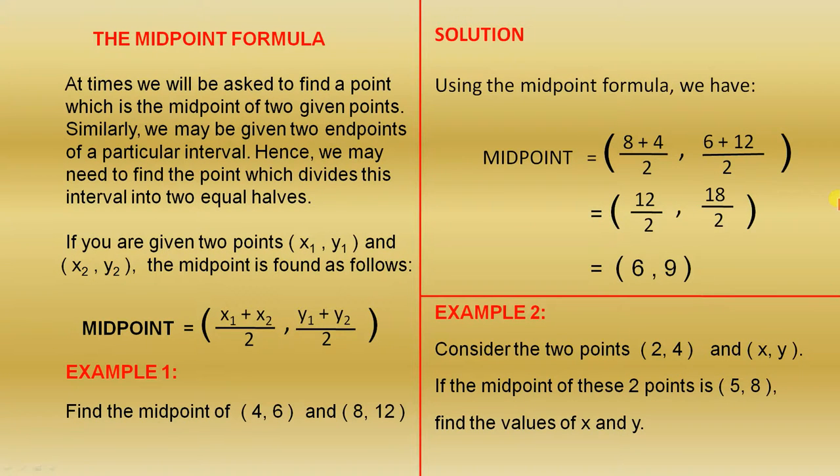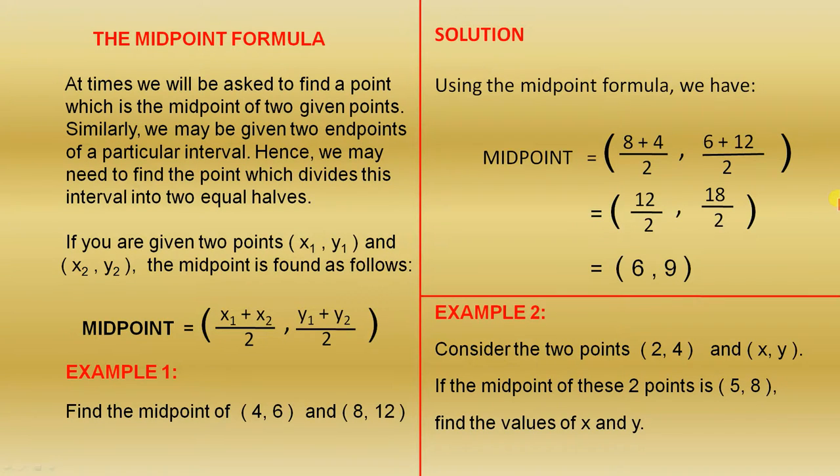The midpoint formula. At times, we will be asked to find a point which is the midpoint of two given points. Similarly, we may be given two endpoints of a particular interval. Hence, we may need to find the point which divides this interval into two equal halves.